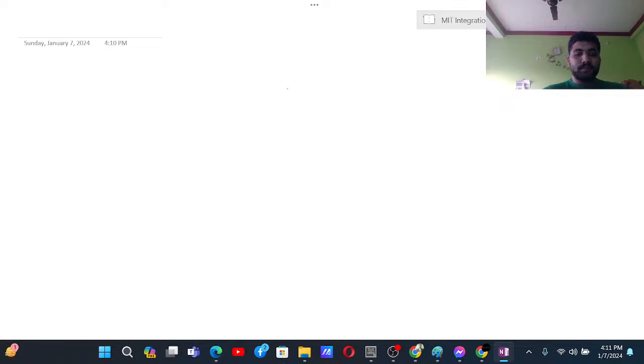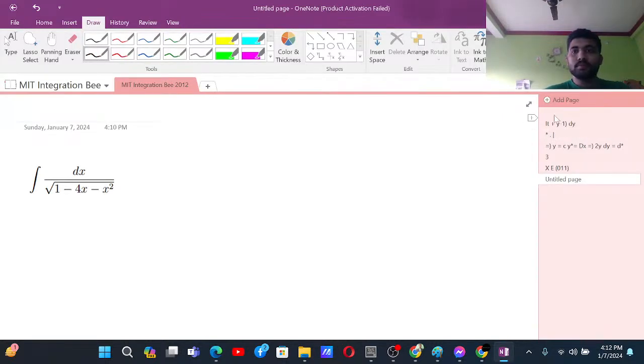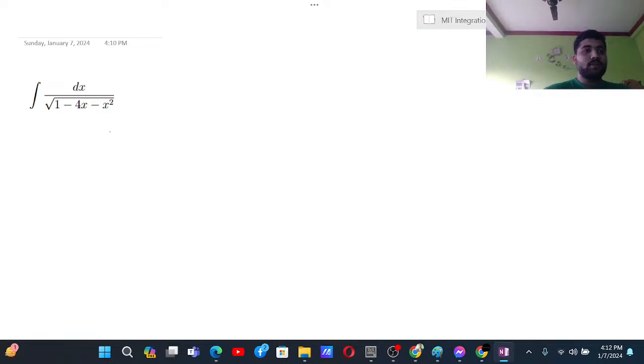Now for this problem, this is actually a pretty easy problem from the high school itself. First of all, we need to try to complete the square. So you can take minus common over here, and then we have x square plus 4x minus 1. Now we'll try to complete the square.